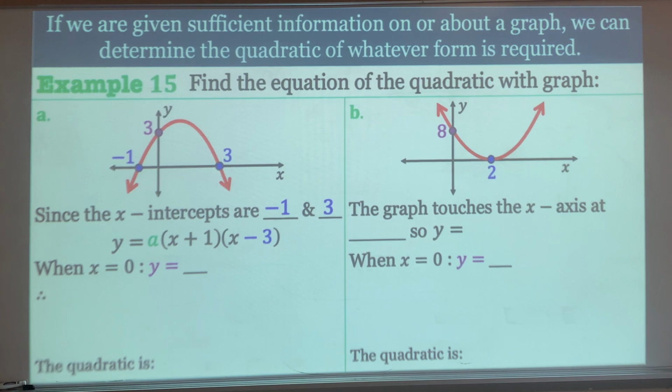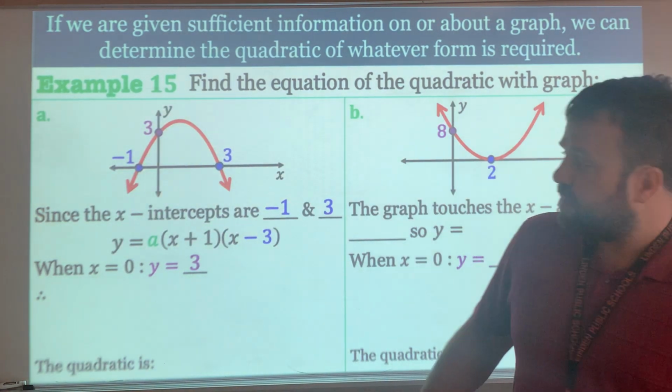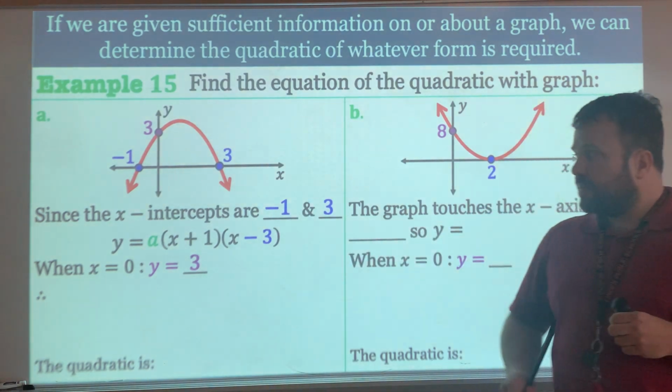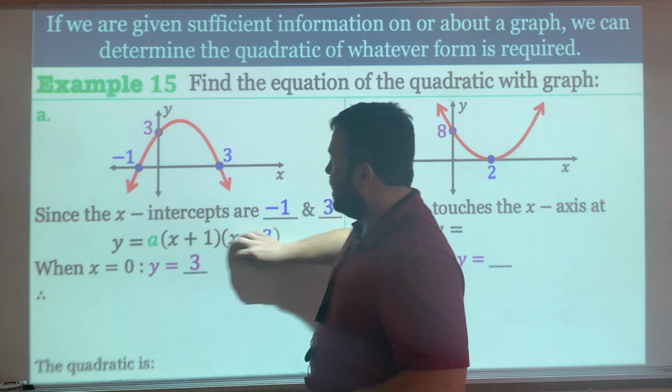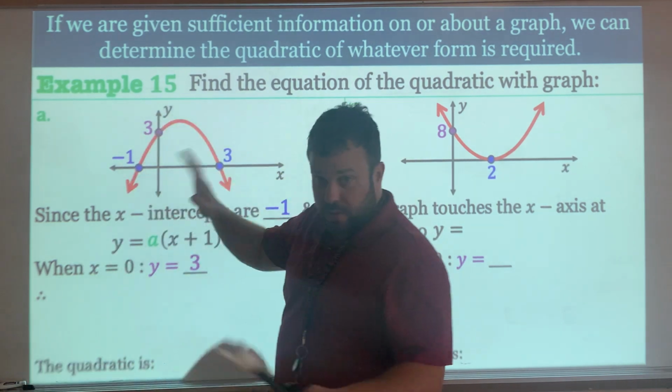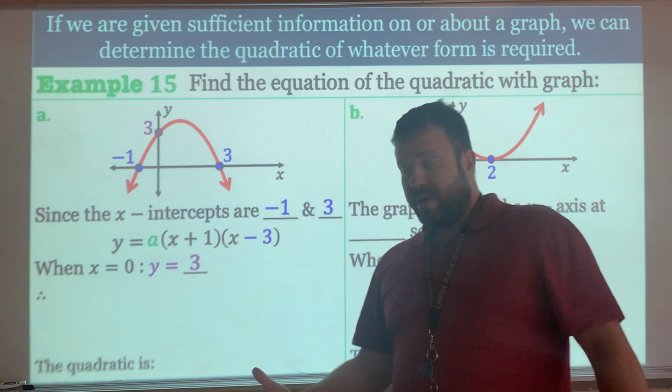So when x equals 0, y equals 3. Now we've got two bits of information to help us solve our problem. Seems pretty easy, right? Therefore, can I come up with an equation? I can use my equation right here, along with this y-intercept, so I'm using the x and y intercepts, to solve it. Now we don't know what a is, so we want to solve for a.